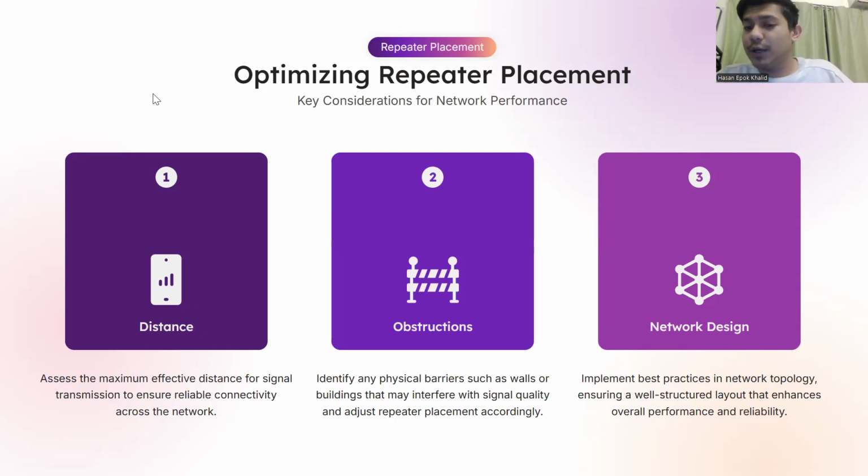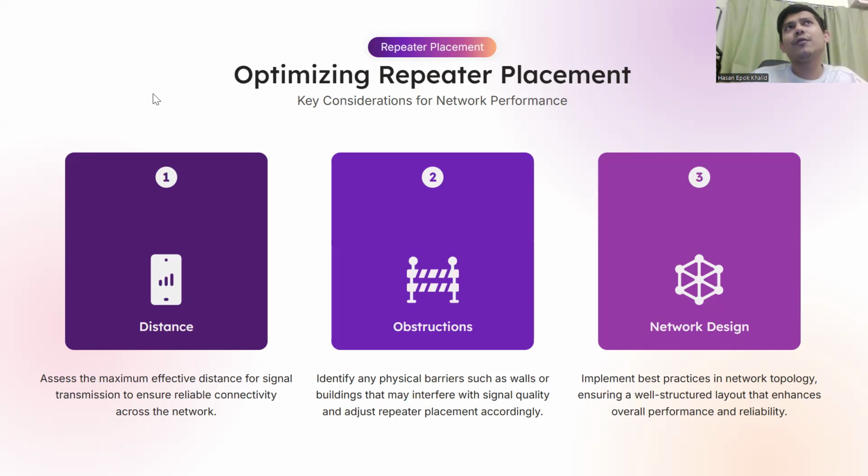In case of network design, implement best practices in network topology, ensuring a well-structured layout that enhances overall performance and reliability. So we need to understand a few factors here to place the repeaters in the correct position.